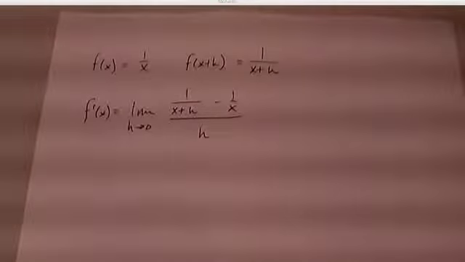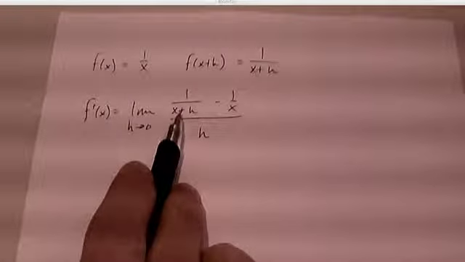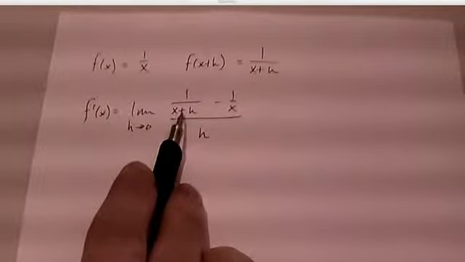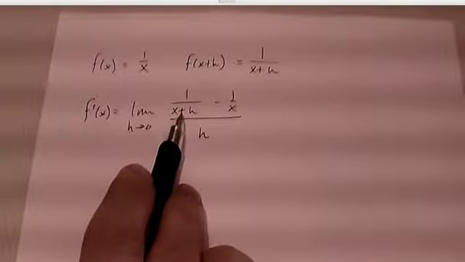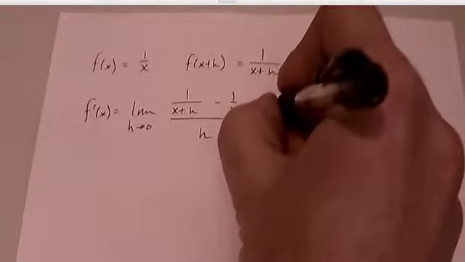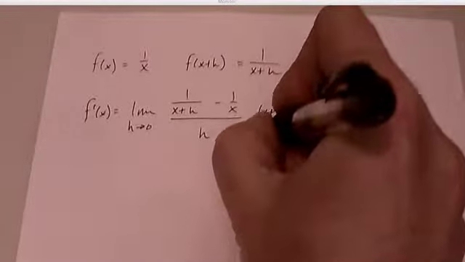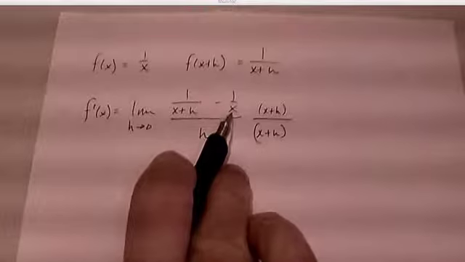Or to put it another way, what's the problem here? The problem is divided by x plus h. Okay, well, if the problem is divided by x plus h, how do I undo that problem? Well, I multiply by x plus h, but I have to do it in the numerator and denominator, or I've changed the value.